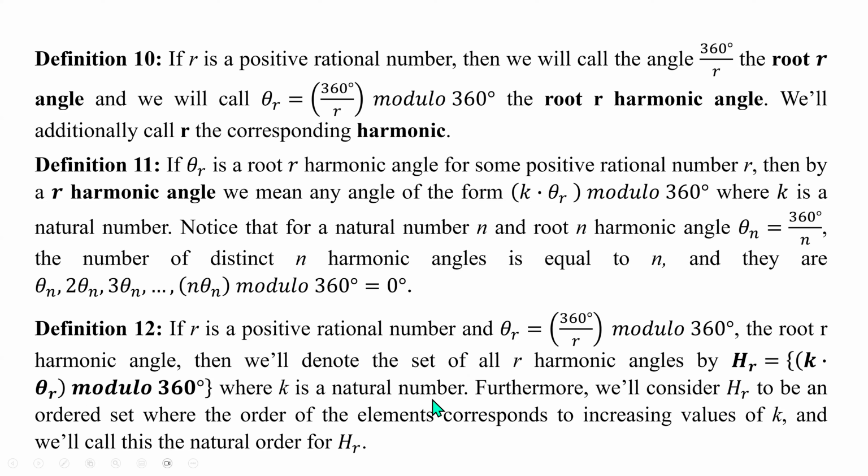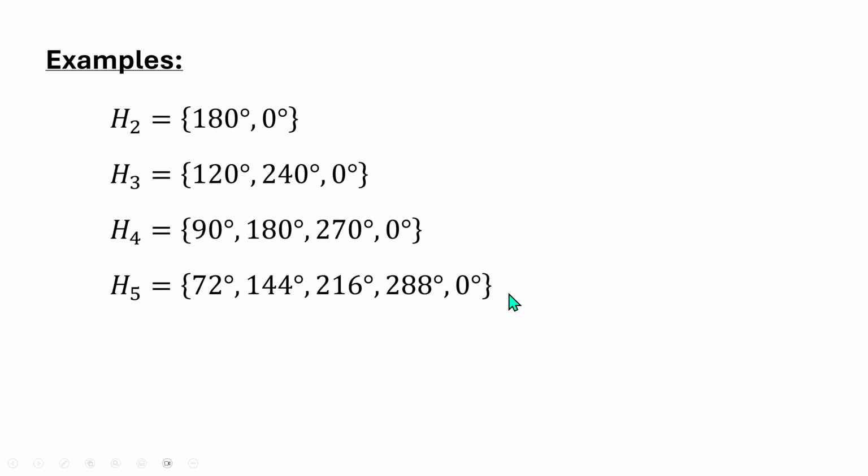And even though we have an infinite number of natural numbers, this set's not going to be infinite. We're eventually going to get to 0 degrees, and then we start repeating the values again. Furthermore, we'll consider H sub r to be an ordered set, where the order of the elements corresponds to increasing values of k. And we'll call this the natural order for H sub r. So let me show you a few examples on the next slide.